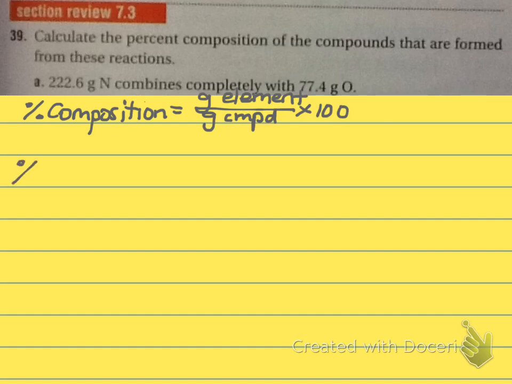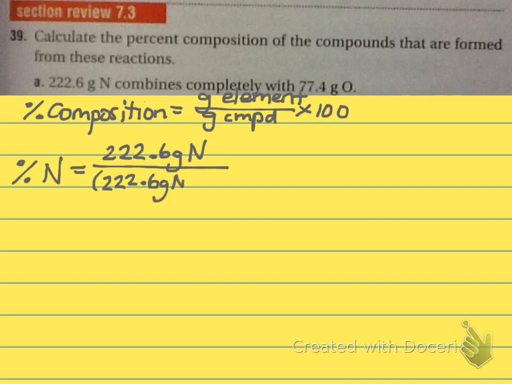To find the percent composition of nitrogen, it is 222.6 grams of nitrogen divided by the mass of the compound, which is the total of the two added together, times 100.